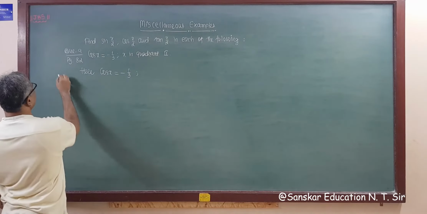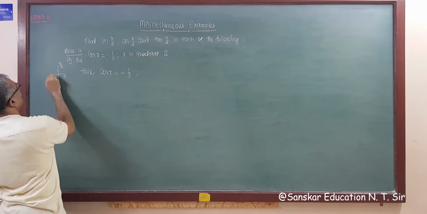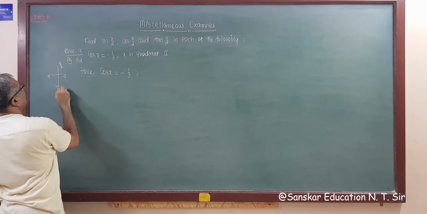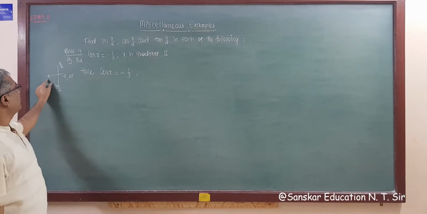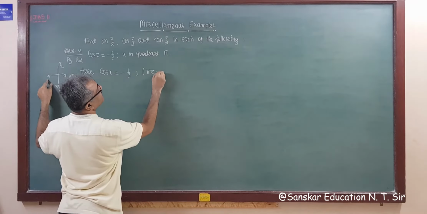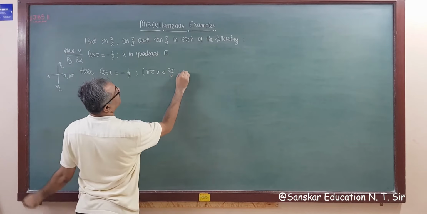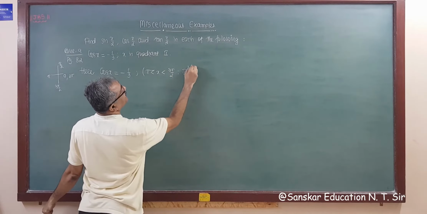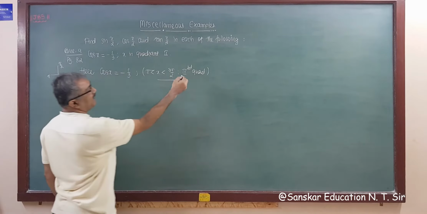Third quadrant means this is 0, pi by 2, pi, 3 pi by 2, and 2 pi after one complete rotation. So the third quadrant is pi to 3 pi by 2. So pi is less than x is less than 3 pi by 2. That is the third quadrant. Right?